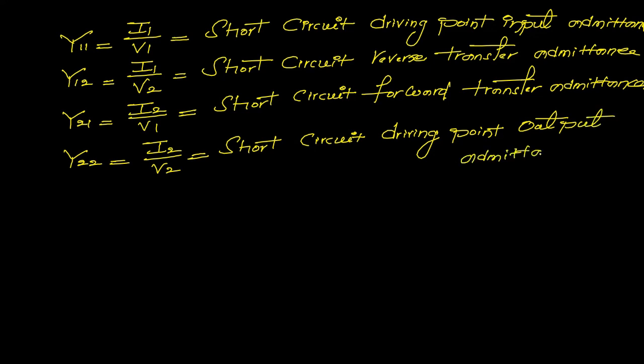So we are calling all these parameters like this: Y11 is the short circuit driving point input admittance, Y12 is the short circuit reverse transfer admittance, Y21 is the short circuit forward transfer admittance, and Y22 is the short circuit driving point output admittance.